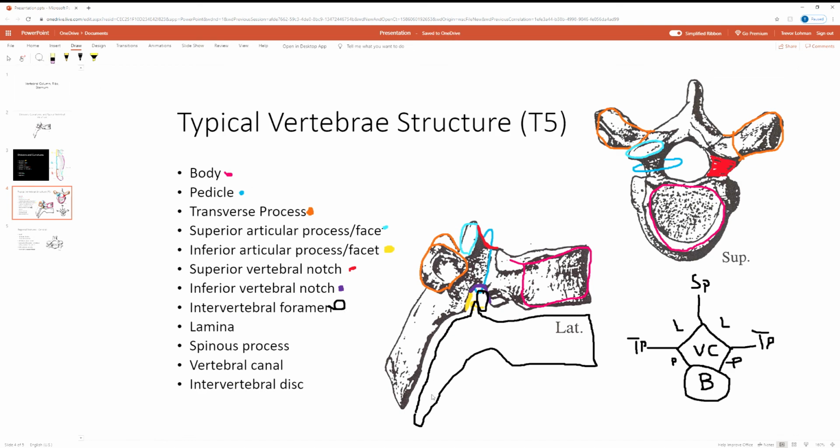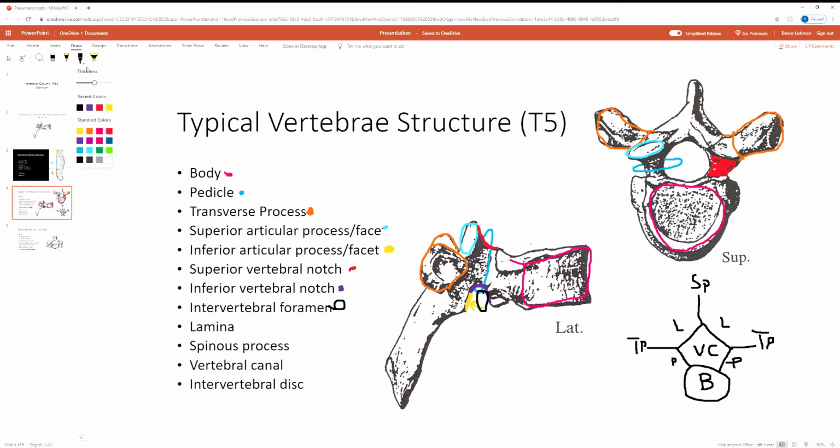I'm going to try to erase. Oh, good. Okay. But you can see there that if we put two vertebrae together, these two notches turn into one little foramen for a nerve to come out. That's the intervertebral foramen. Let's go ahead and label the lamina in, I guess, green.